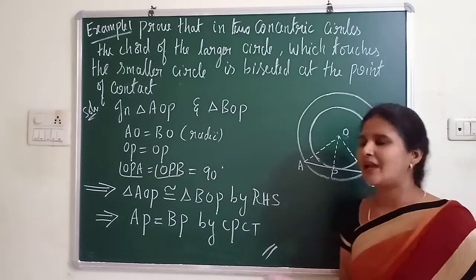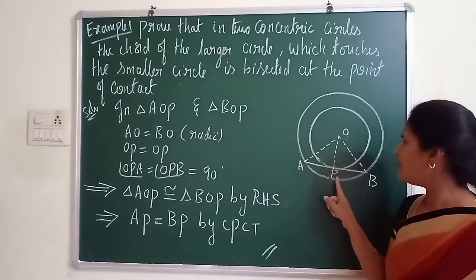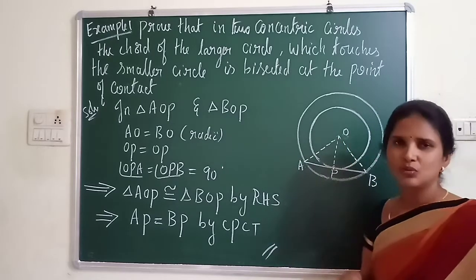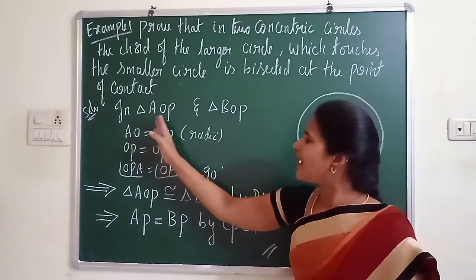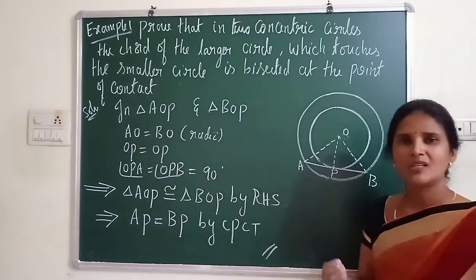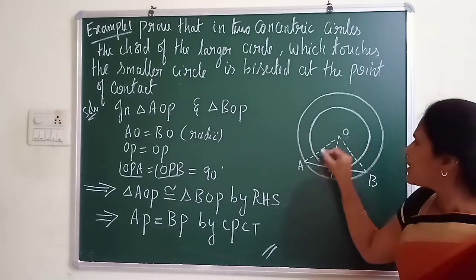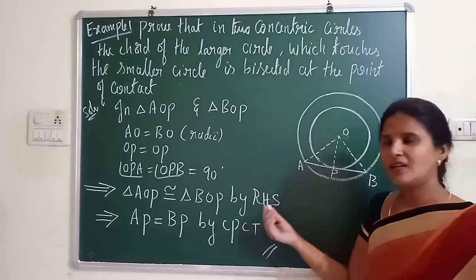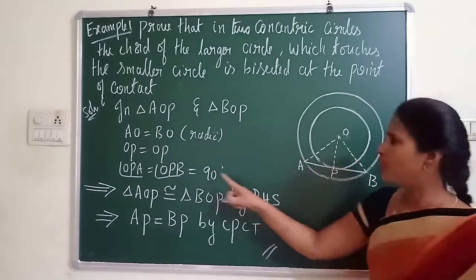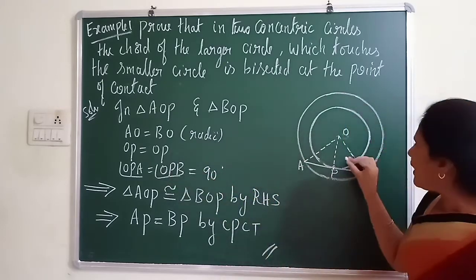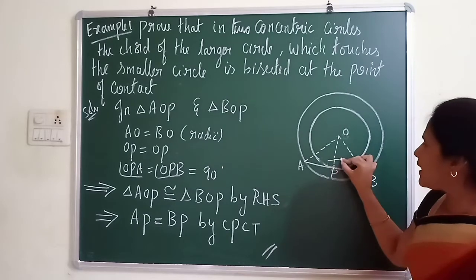Now we got the 2 triangles. You can see OAP and OBP are the 2 triangles. So just go for congruence conditions: in triangles AOP and BOP, we need 3 matching pairs. You know that AO and BO are equal. Why are they equal? Because they are radii of the same circle. And OP equals OP, common. And angle OPA equals angle OPB.